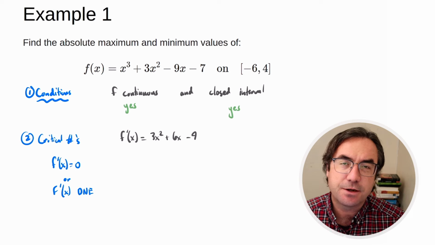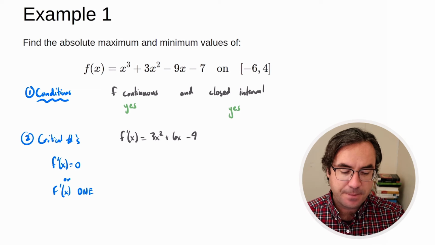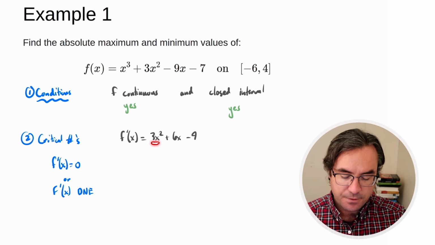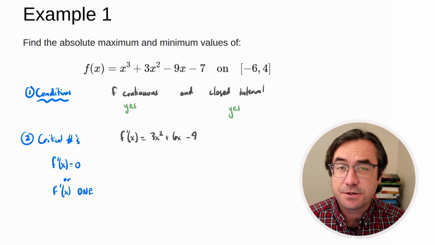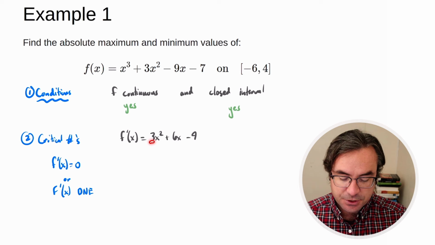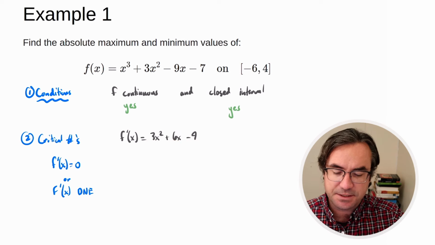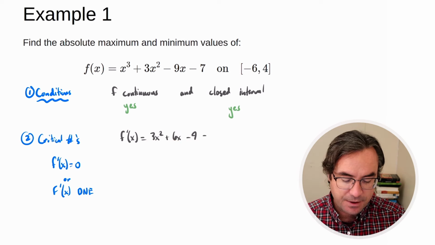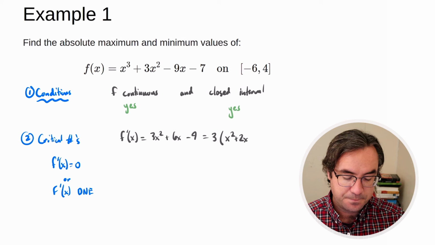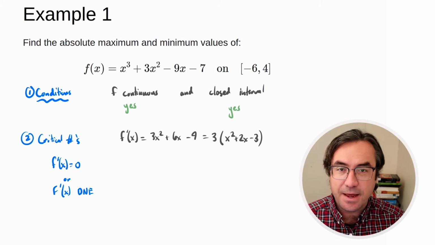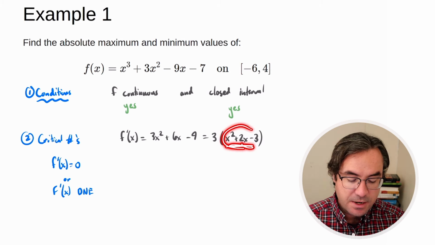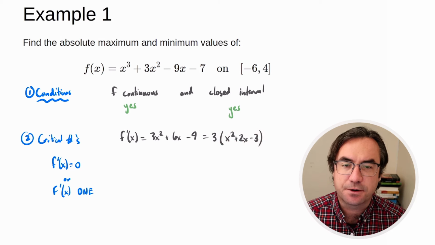And then usually a good idea, try to factor right away. Now, the number in front of the x squared here is a 3, so it helps to try to factor off that 3. And just so happens we have a 3 in common with all those other constants. So start by factoring out the 3. And then, once you have that factored out, try to finish factoring here.